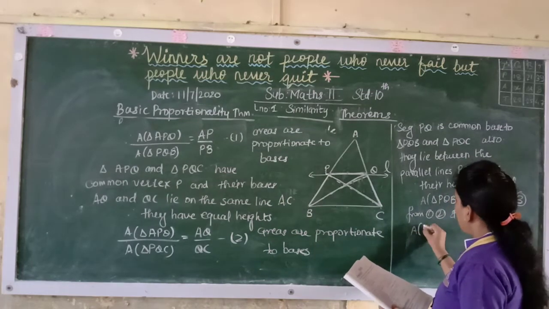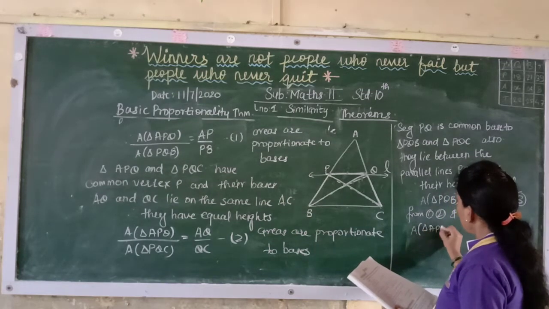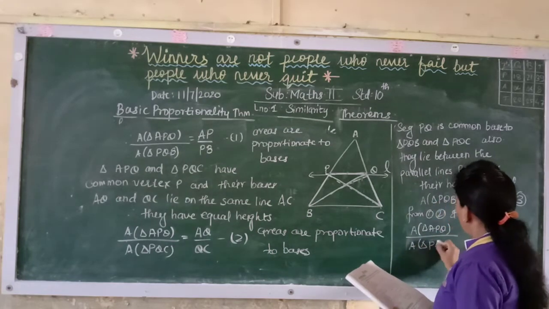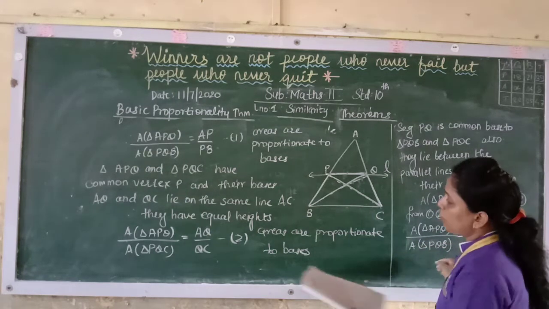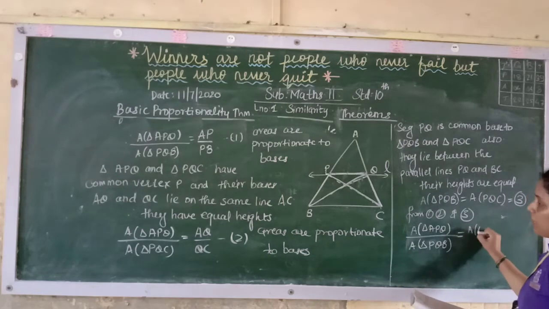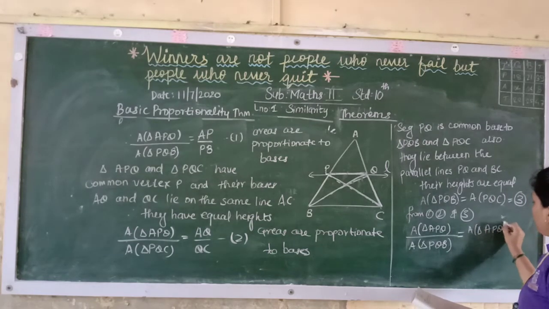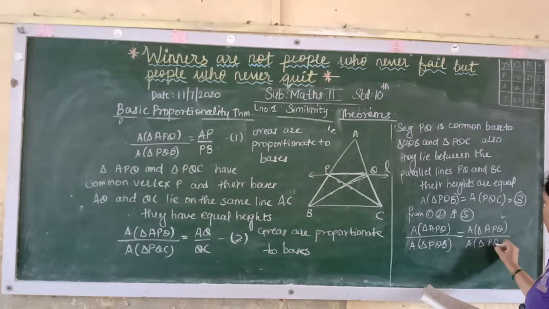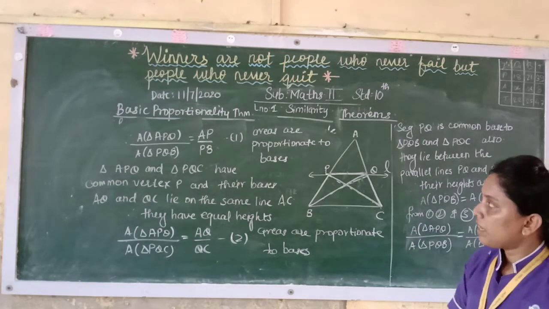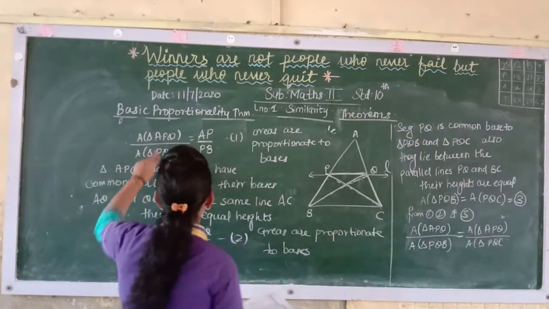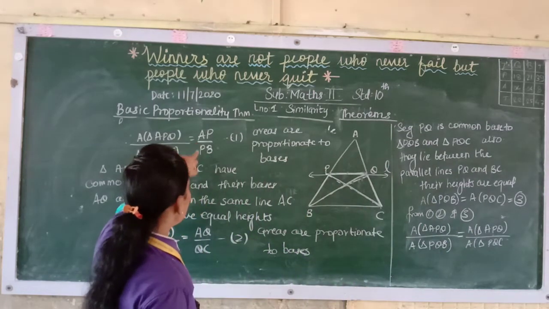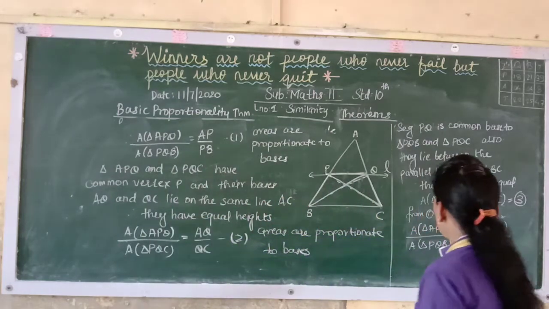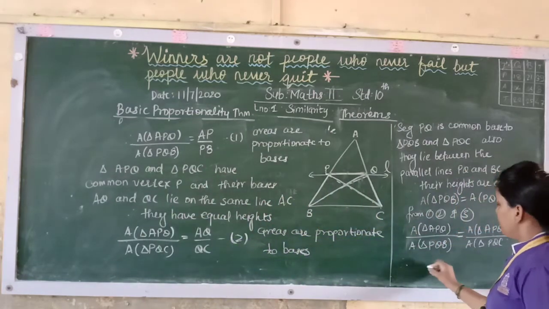So here you will get area of triangle APQ upon area of triangle PQB is equal to area of triangle APQ upon area of triangle PQC. Now see, if these have become equal, then ultimately you will get AP upon PB is equal to AQ upon QC.